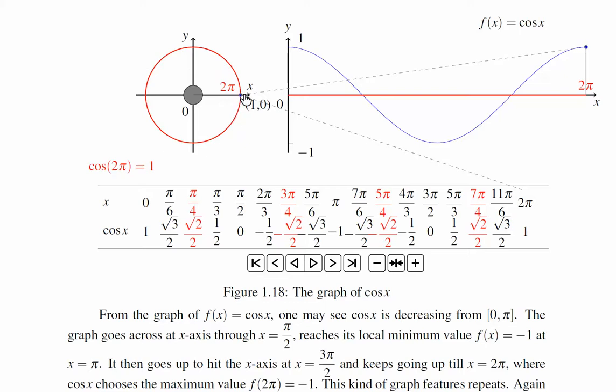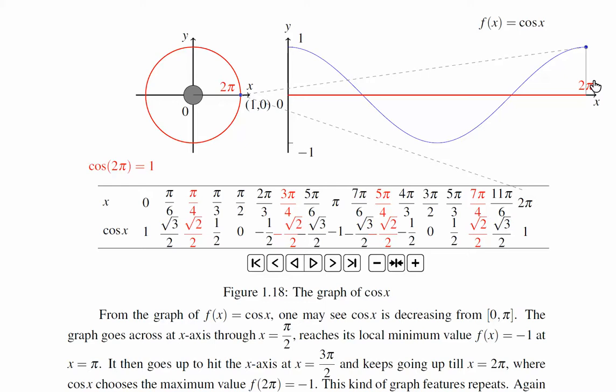Previously we did from 0 to 2 pi, but you can also rotate clockwise, so you will get another part on this graph to the left. Anyway, we know cosine x completes one period from 0 to 2 pi. So cosine x has a period 2 pi.